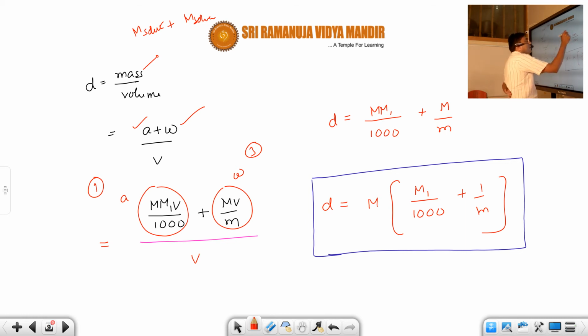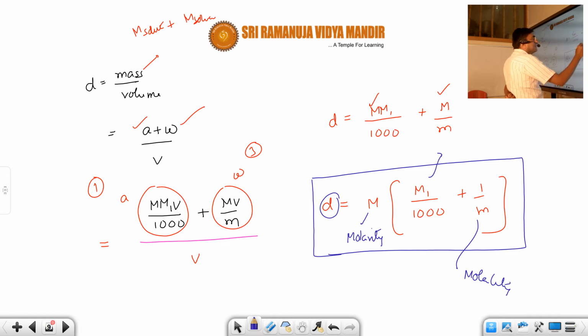So you get D is equal to M1 by 1000 plus capital M by M. If you take M as common, naturally this relationship is between density, this molarity, this molality, and this molecular weight. Now in the examination, whenever these relations are given, you can effortlessly understand how to relate this. I hope you are very clear, students.